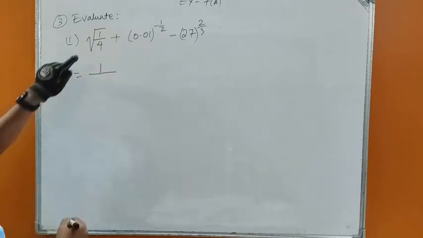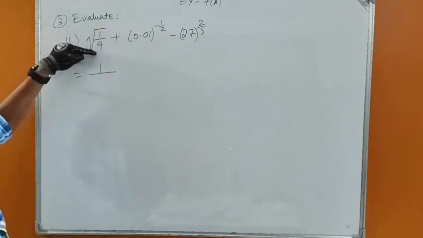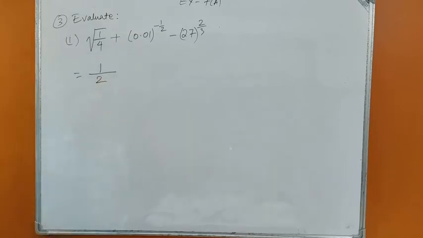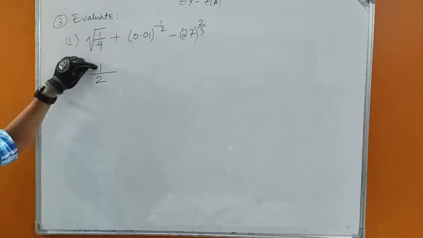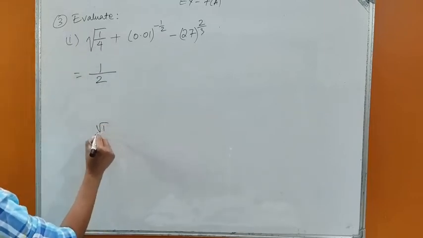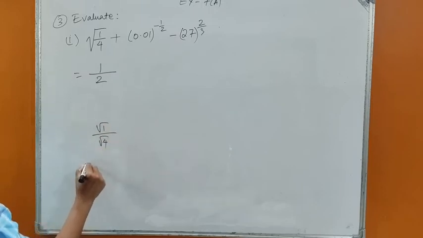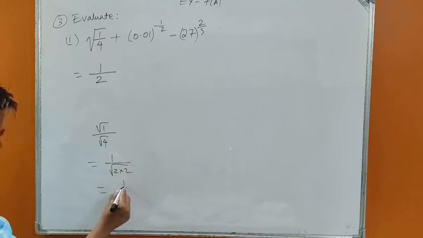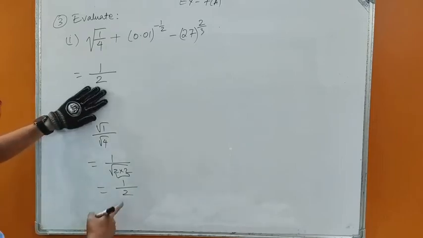Root under 4, this root is for both the numerator and denominator, so root under 4 means 2. Root under 1 means 1, root under 4 means root 2 into 2, isn't it? So 1 upon this 2 becomes pair and comes out, so this is 1 upon 2.